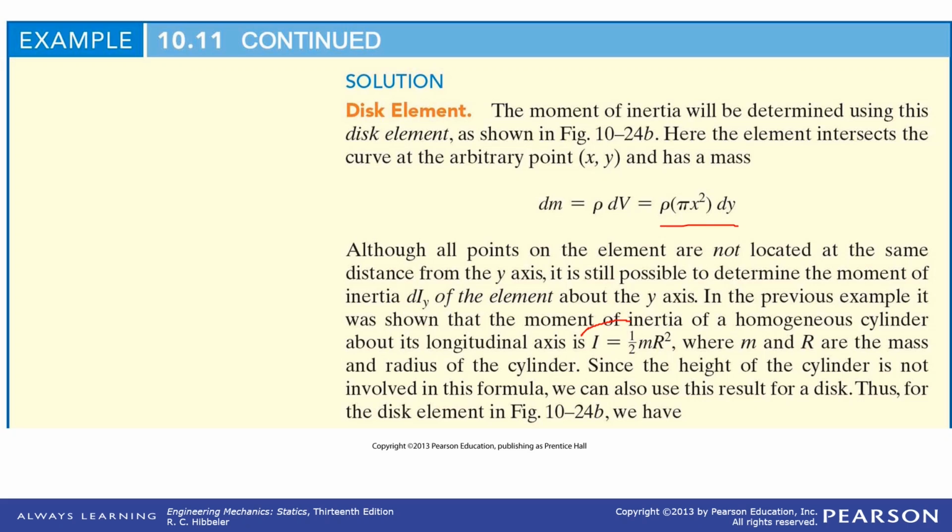They use that the disk is 1/2 mr squared, so that we get the differential inertia of the disk as we integrate upwards. I like to reason through these things on my own so that when I see it in the book, I go, oh yeah. It gives me practice, if you know what I mean. It gives you guys practice. Say, how would I approach this problem? And then you see how they do it.